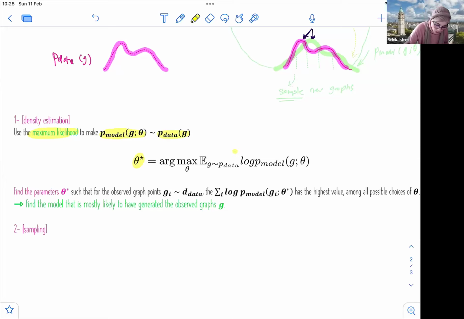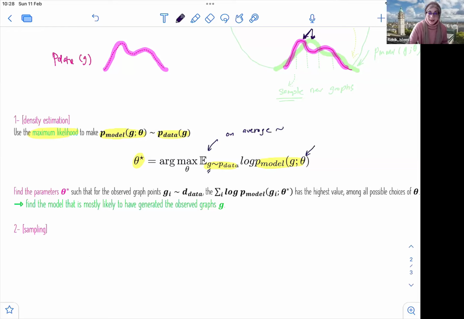So on average, or if we sum all these probabilities, we want the P model to approximate all samples in the data on average, because we're taking the expectation here. So it's sort of an average. And here the idea is that for every single G in our data, we want to regenerate it using the theta here.